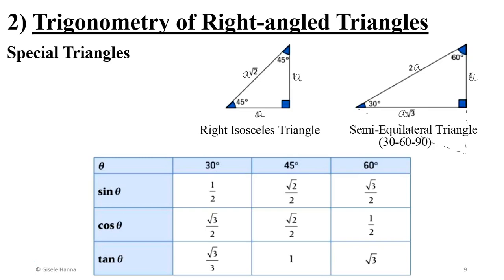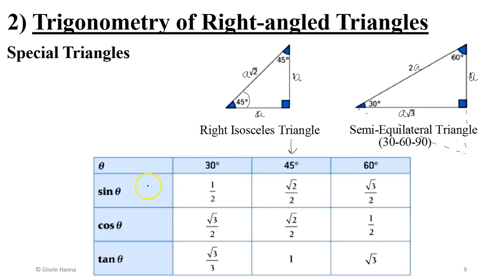Now over here, these special triangles would help us determine the trigonometric ratios of these special angles: 30 degrees, 45 degrees, and 60 degrees. So if we were to start with the trigonometric ratios of the 45 degree angle. Now if we look at the right isosceles triangle, this is a 45 degree angle.